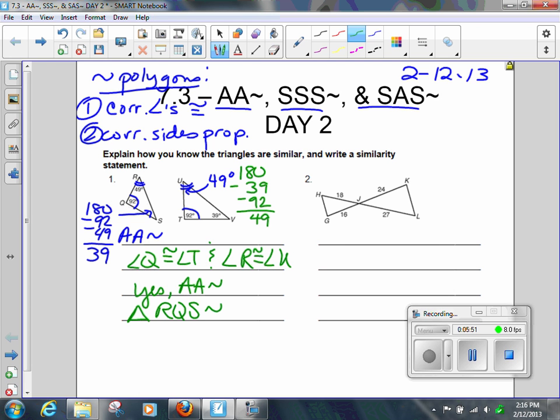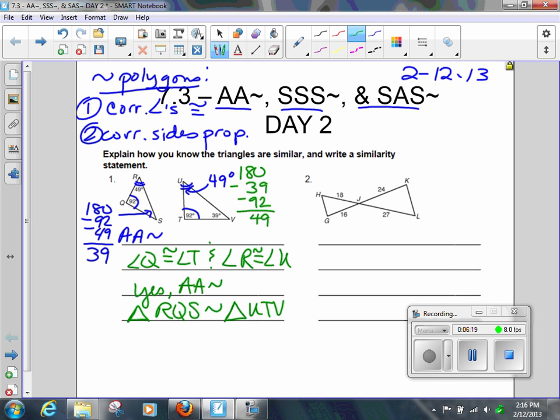If Michael starts with triangle RQS, then Kale, we have to complete that similarity statement, and be sure your letters match up, corresponding letters. Triangle UTV. 2 marks, 1 mark, no marks. Very good. Does that make sense, yes or no?